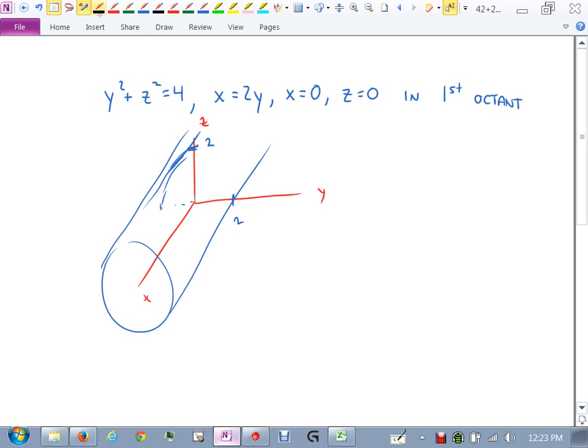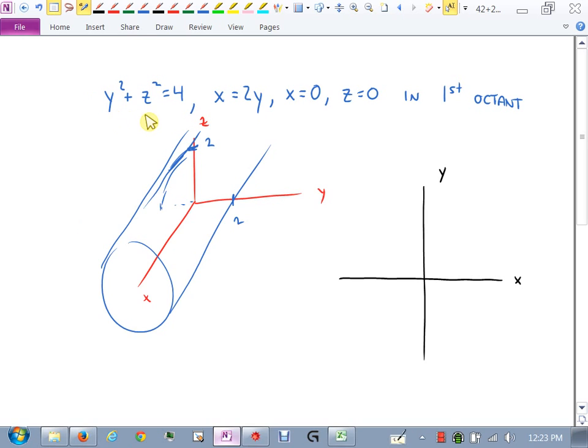So let me try and get my 2D picture of what's happening. In my 2D picture, what does this become? Y squared is 4, right? Y squared is 4 because z is 0 on the xy plane.